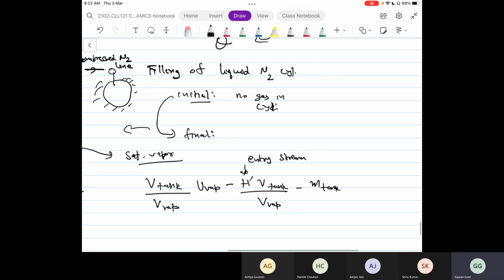The tank material, its enthalpy is also changing.